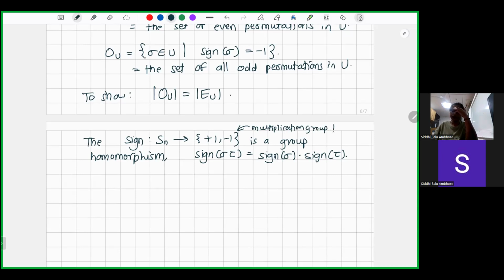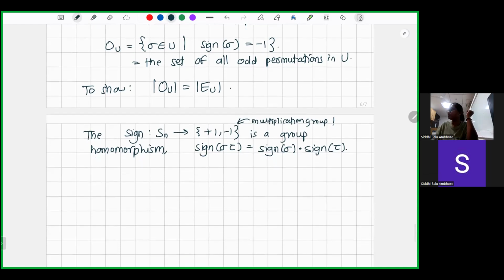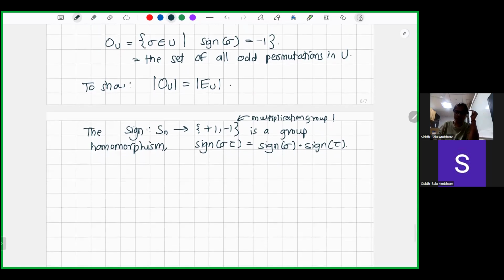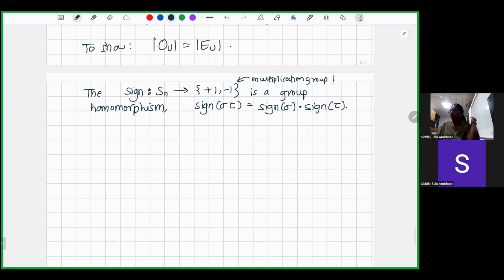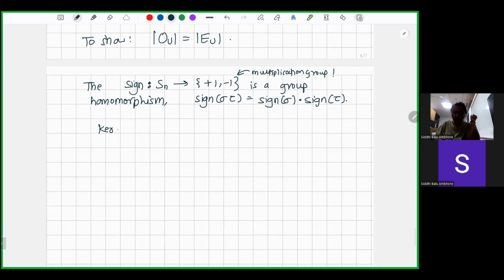So we have this information that the sign function is a group homomorphism, and the kernel of this sign function is all sigma in Sn such that sign of sigma is 1, and this is nothing but An, the alternating group which we have.